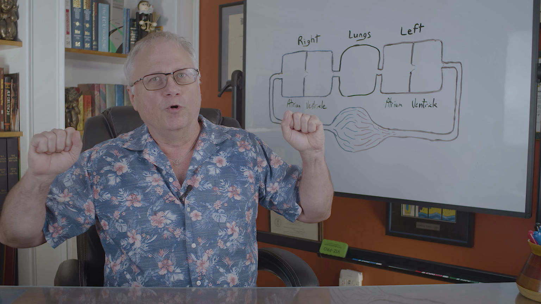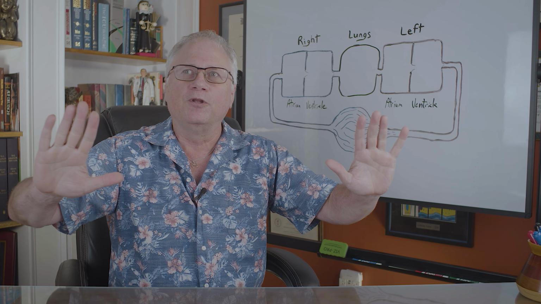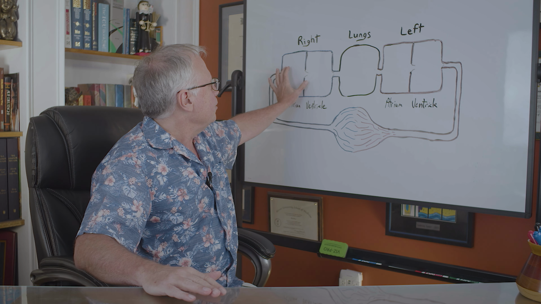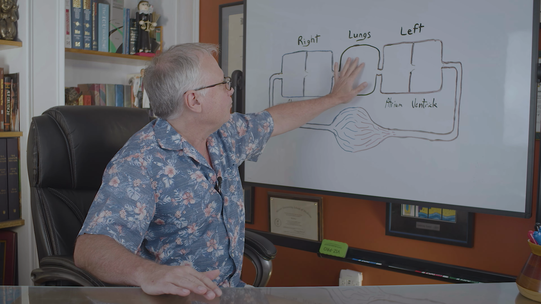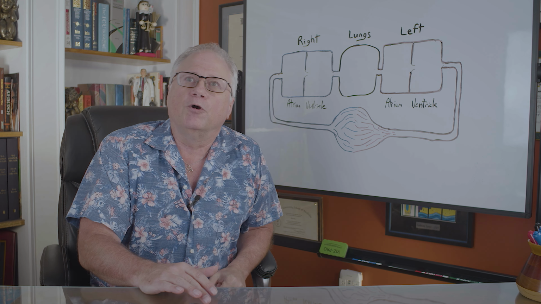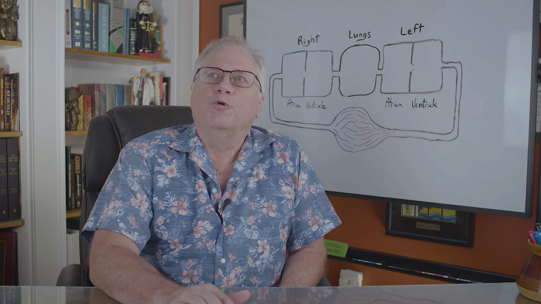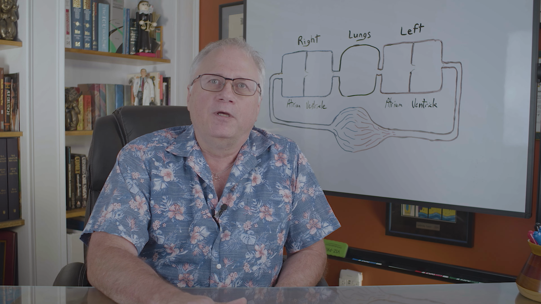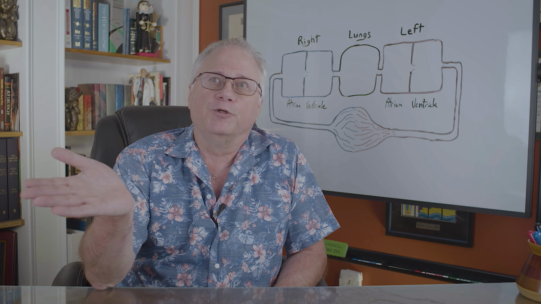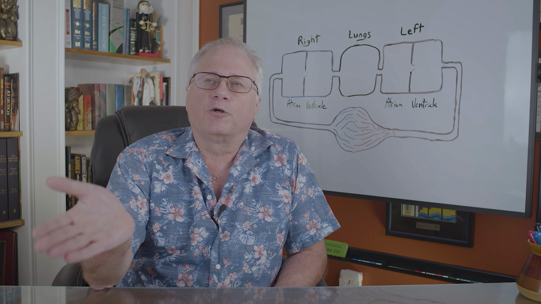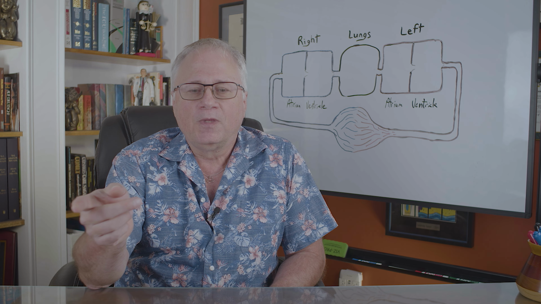The more people you have back there pushing, the higher the preload, and the easier it is to get blood through the right side of the heart and the lungs and over to the left side of the heart. But if the preload's too high, that can adversely affect heart function. And so again, ACE inhibitors and angiotensin receptor blockers are going to decrease both the afterload and the preload.